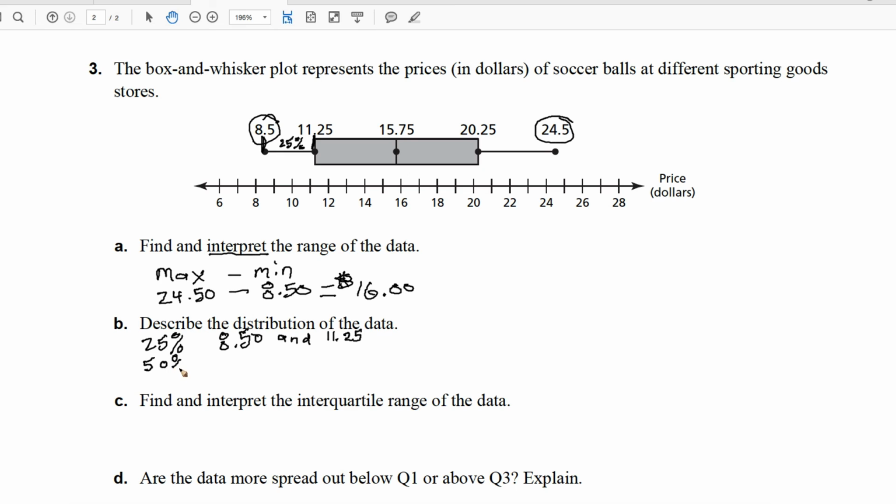We do 25, 50, and 25. And this is our interquartile range, this 50% of the data right here. So 50% is between 11.25 and 20.25. And the last 25% is between 20.25 and 24.50.